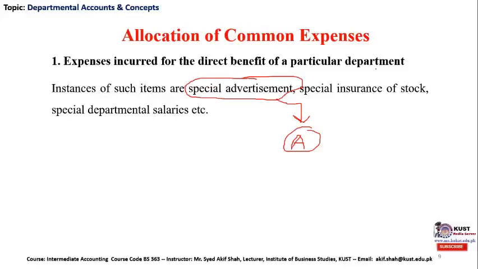We may also have special insurance of the stocks which are available in Department A. If the Department A stock has been insured by a certain package, then this insurance expense must be treated specifically for Department A. Similarly, we can have special departmental salaries for those employees who are working specifically in Department A. Such salaries must not be treated in the profit and loss statement of Department B.